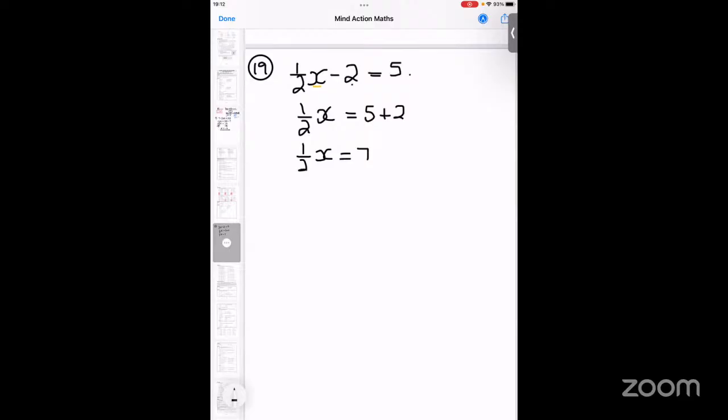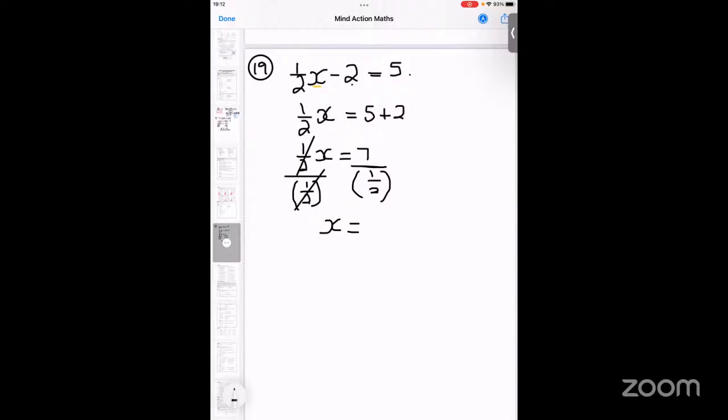Okay, so now I need to remove that half. I'm definitely going to remove that by dividing by exactly that. I'm putting it inside the brackets because it is a fraction. So that this half, or 1 over 2, cancels with that, and then I remain with my x, which is equals to, you punch that on your calculator, it will definitely give you 14.